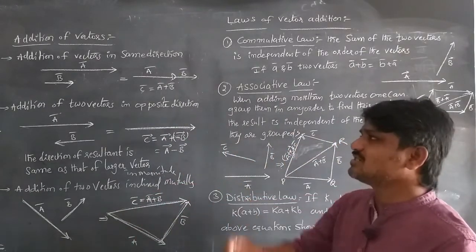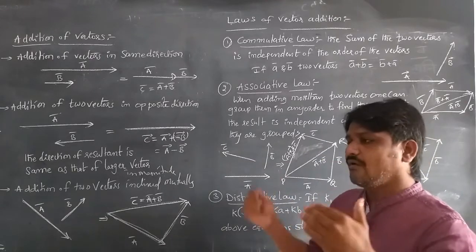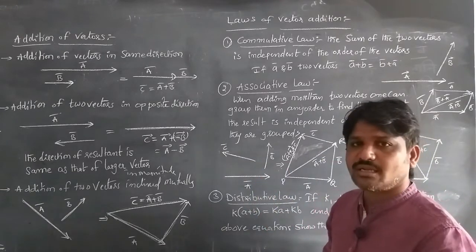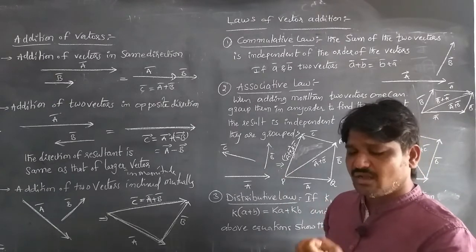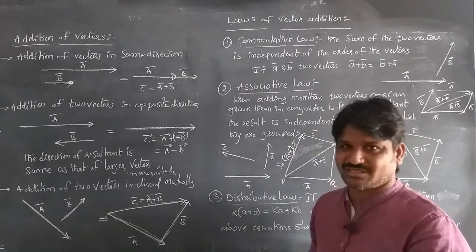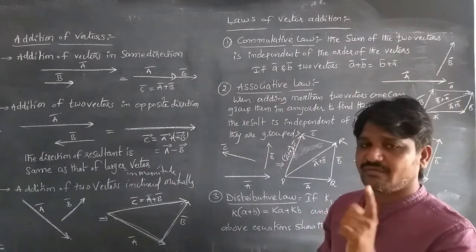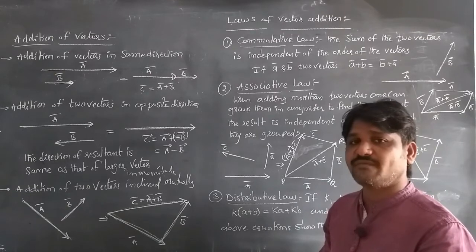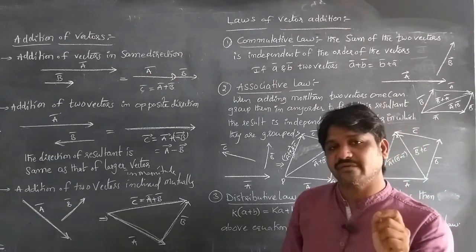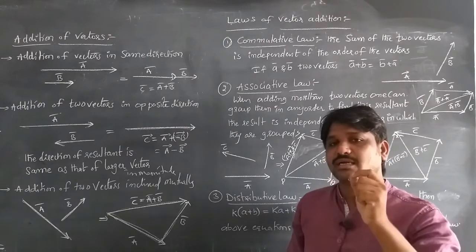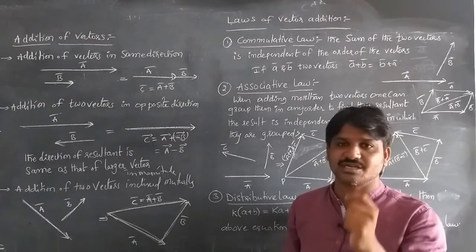After knowing the addition of vectors, whenever vectors are moving in the same direction, in opposite directions, or mutually inclined, what are the laws obeyed by those vectors? Here the three laws are obeyed by the addition of vectors. Already we know the definition of a vector: physical quantities having magnitude and direction, and they must obey the laws of vector addition.